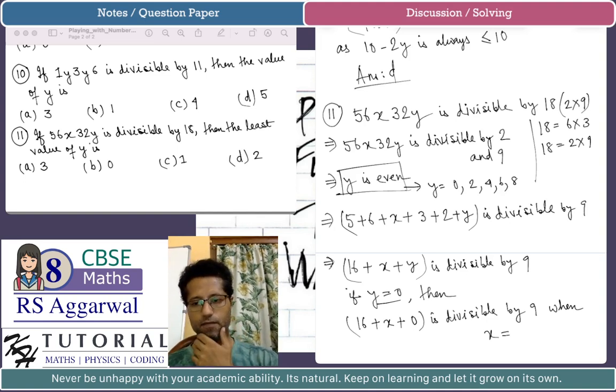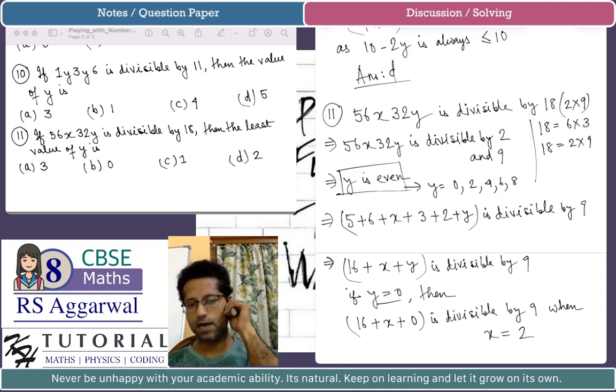Of course, we can have x as 2. So if we consider y equal to 0, x has to be 2, so that the given number 56x32y will be divisible by 18. And so this is one solution of x and y, that is y is 0 and x equals 2.